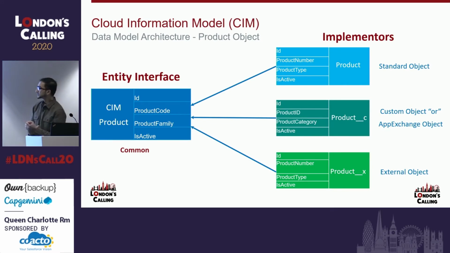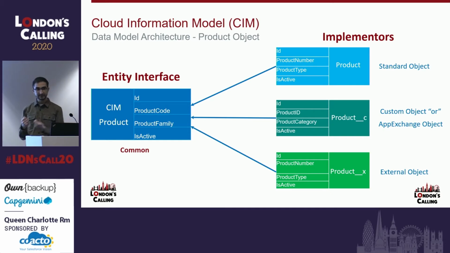All right, so let's talk a little bit about where that idea is coming from from a data perspective. We're talking about the Cloud Information Model. I'm sure you are all familiar with Customer 360. When Salesforce was building that, this entity interface idea came up. Because in Customer 360, we're bringing data from Marketing Cloud, B2C Commerce Cloud, B2B Commerce Cloud, and other parts of Salesforce.